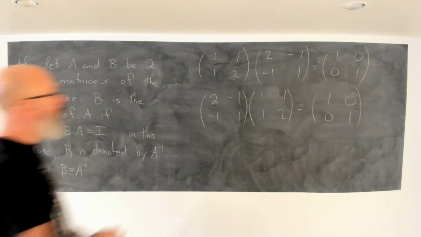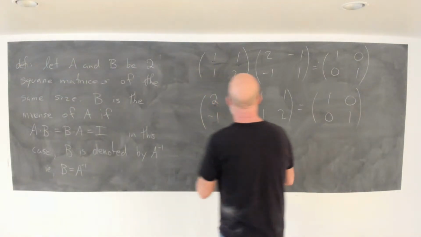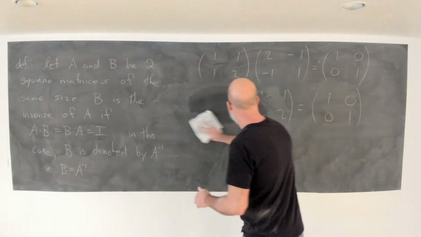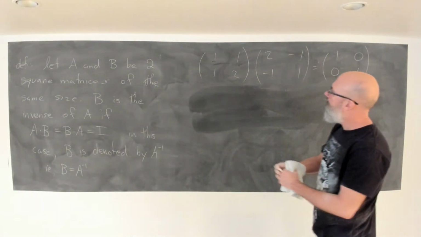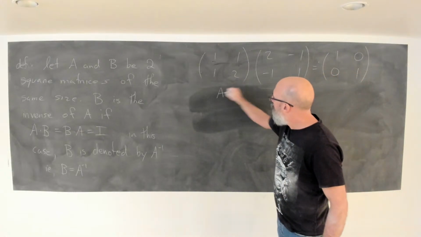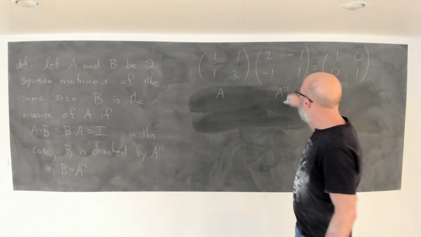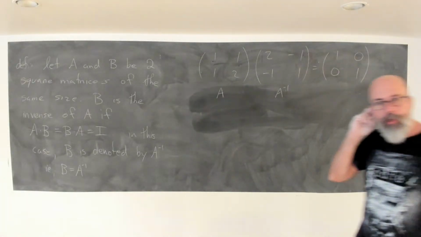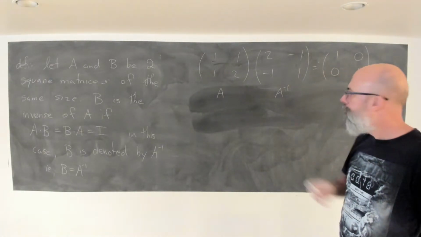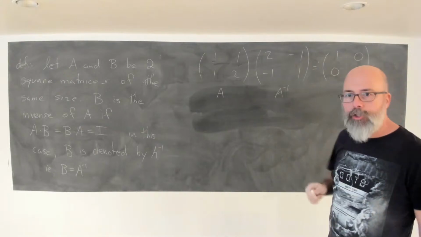So what we're saying here, right, is if this is your matrix A, then this is A inverse, because we did the multiplication and we got the identity. These two matrices are inverses of each other.